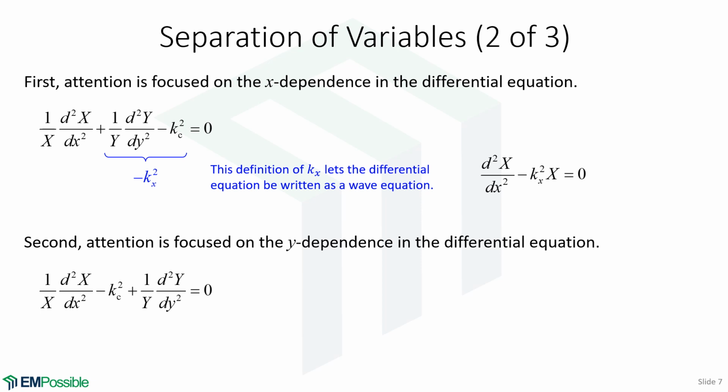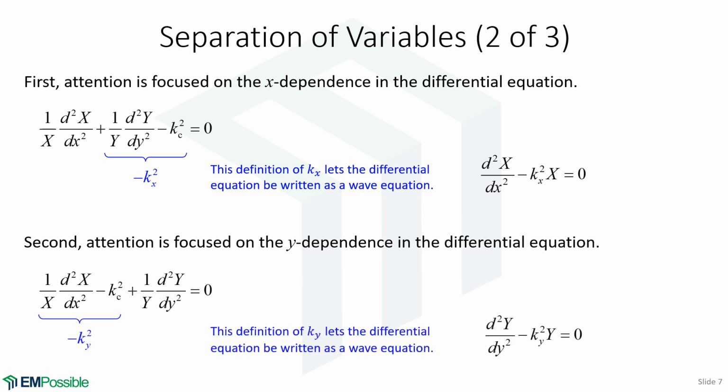Now let's take the same differential equation. I juggled terms around a little bit. I brought the minus kc over here. Let's focus on the y dependence. So all of the y dependent stuff is right here. And that means the rest of these terms are a constant in this equation. So let's replace that with a minus ky squared.